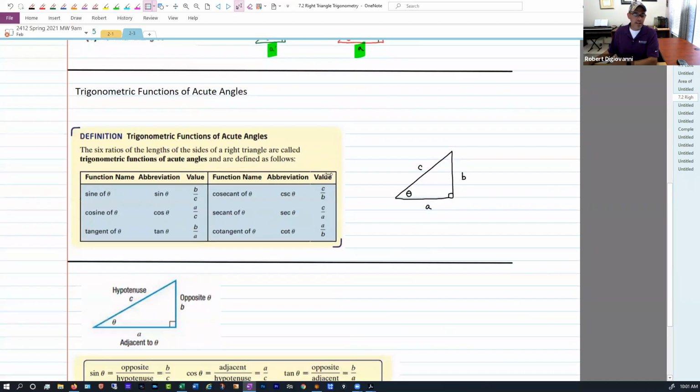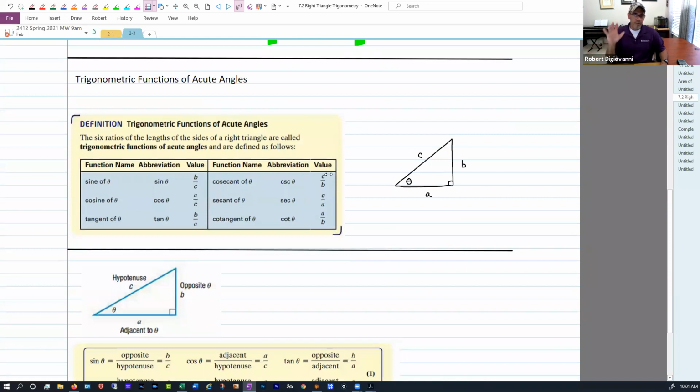So now we finally introduce the trig functions. So pre-cal is about a lot of things, but one of the main ideas is the 6 basic trigonometric functions. From this point forward, these are going to be present in all your math classes, all right? These 6 basic trig functions. And we have to define what they are, right? So we're going to define them 2 different ways in this class.